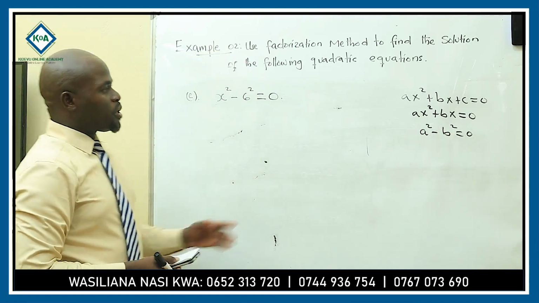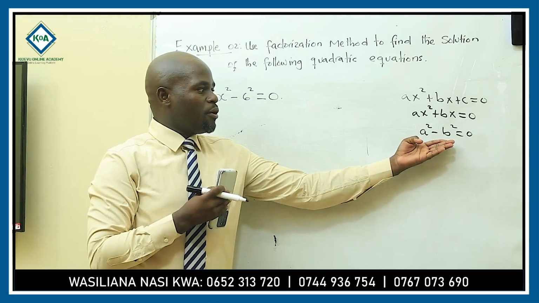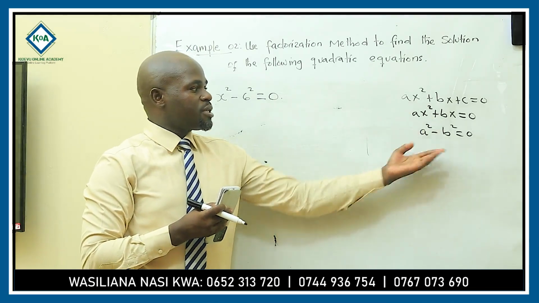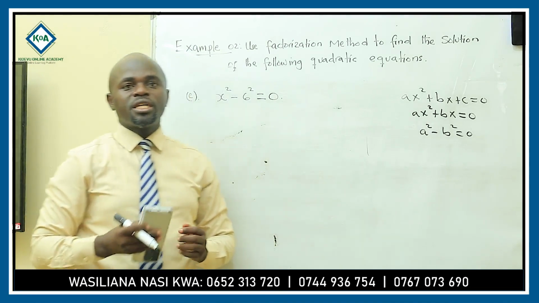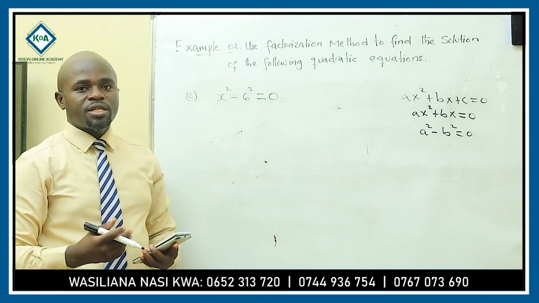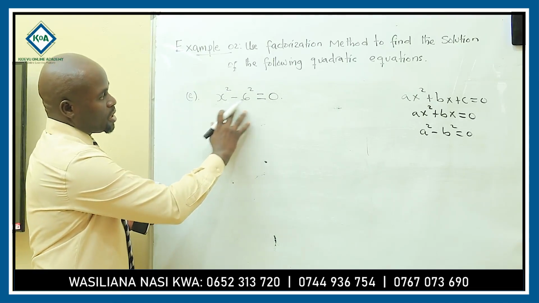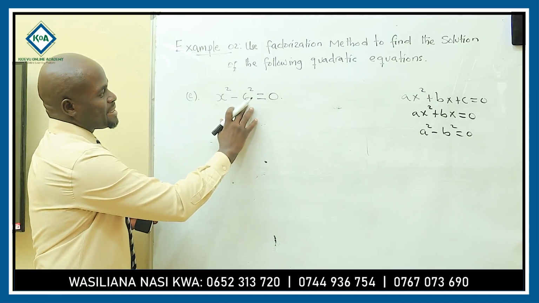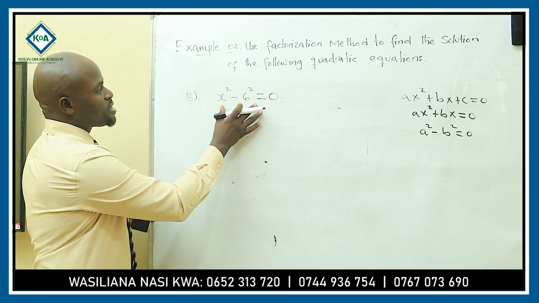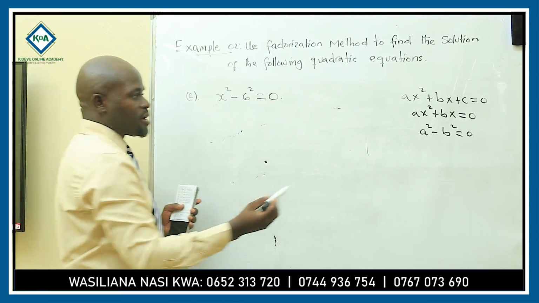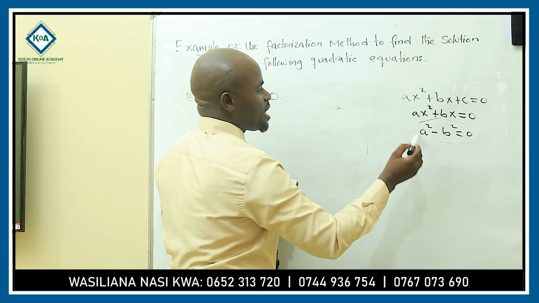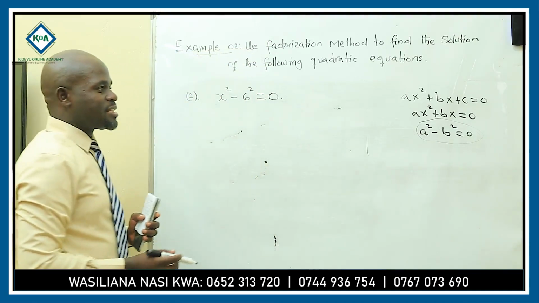Now, all expressions which are written in this form, we say these expressions or equations have been written in the form of difference of two squares. And if we observe now our equation here, it is x squared minus 6 squared is equal to 0. It means this equation is written in the third form.